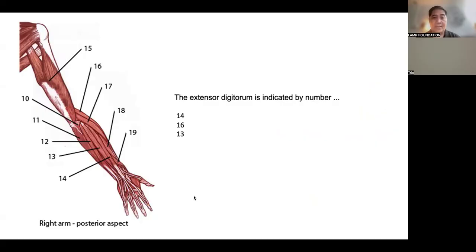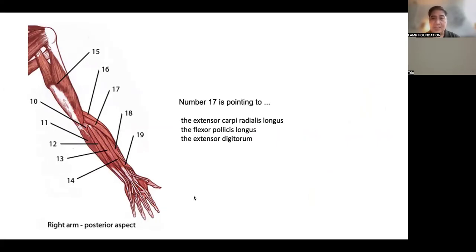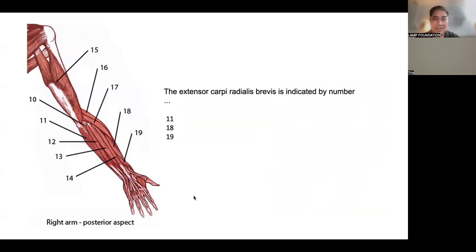What about the extensor digitorum? It's number 14. Number 17 is the extensor carpi radialis longus. So it's the longer version. The extensor carpi radialis brevis, the shorter version, is number 18.